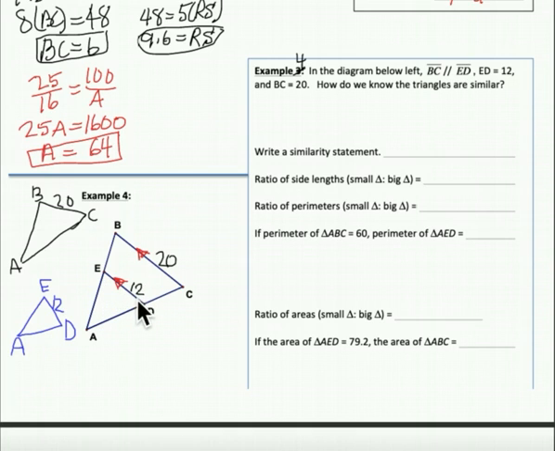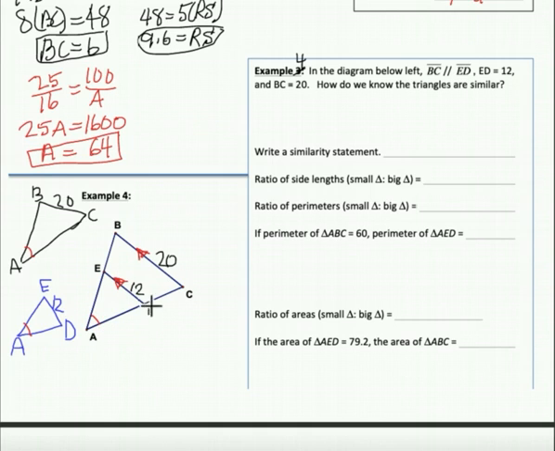Whenever I have one triangle inside another, I like to draw them separately. It helps a little bit. I know that in both of these triangles, angle A is obviously going to be congruent to itself, because this angle in both triangles comes from this angle.